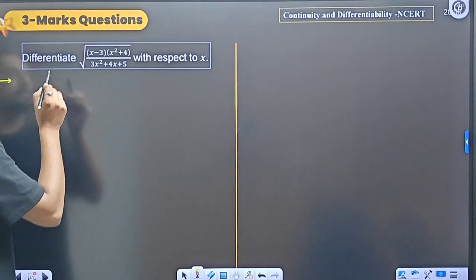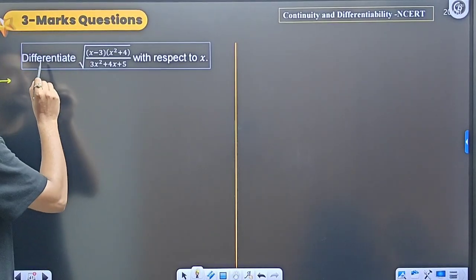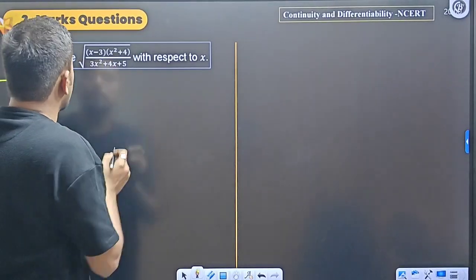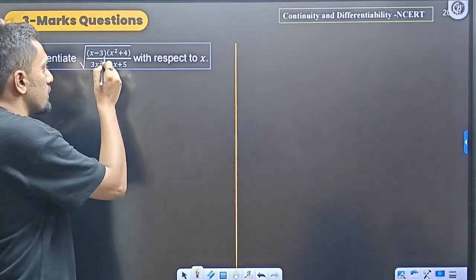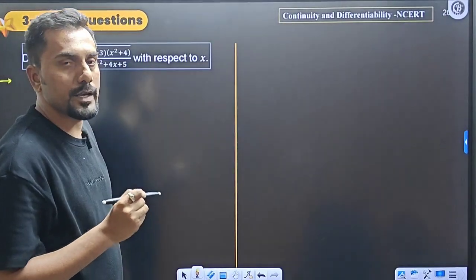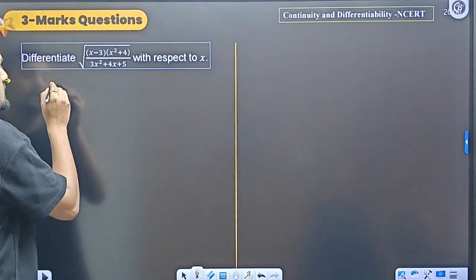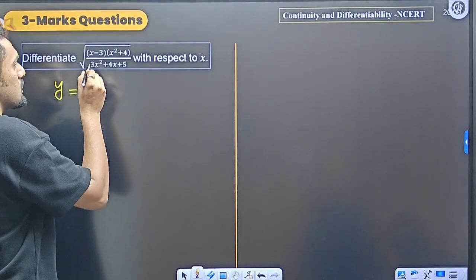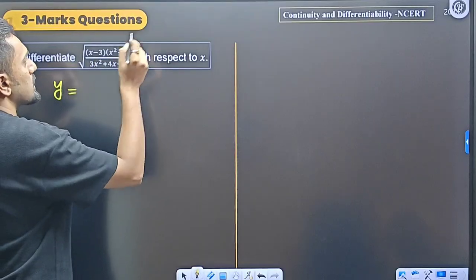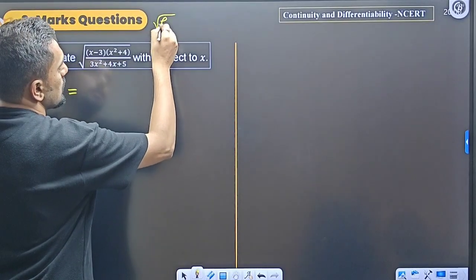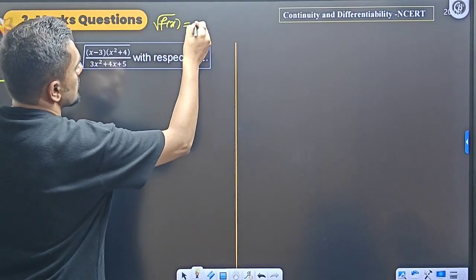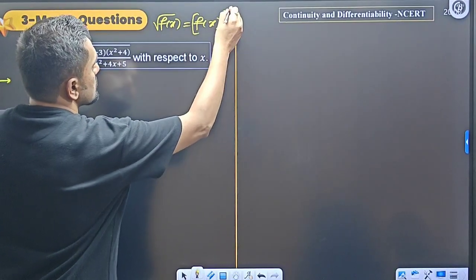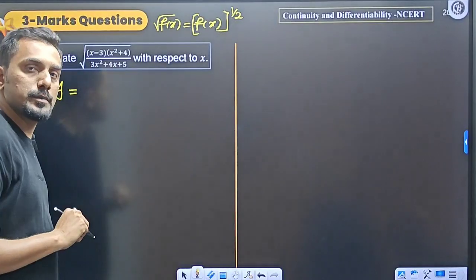Okay, so in this question, he has given: differentiate the square root of (x minus 3)(x square plus 4) divided by (3x square plus 4x plus 5) with respect to x. So let me consider this function as y. Y is equal to, if it is the root of f of x, we can write it as f of x raised to the power 1 by 2, right?